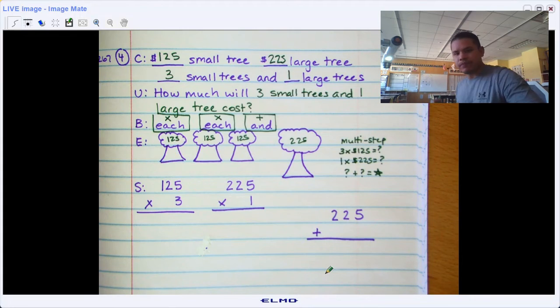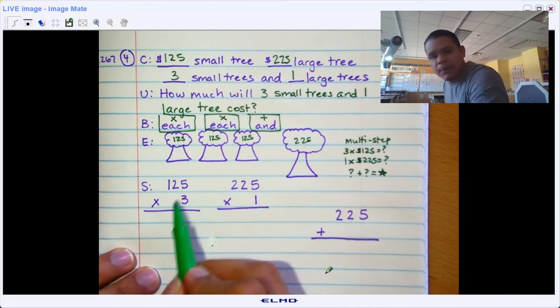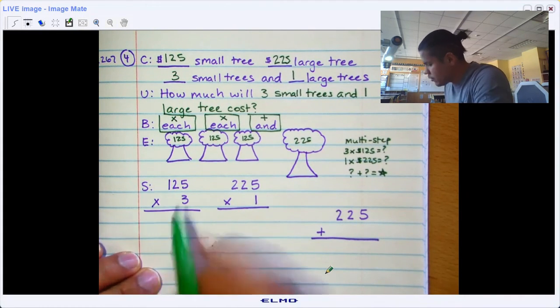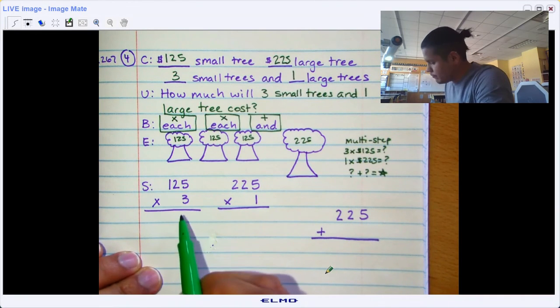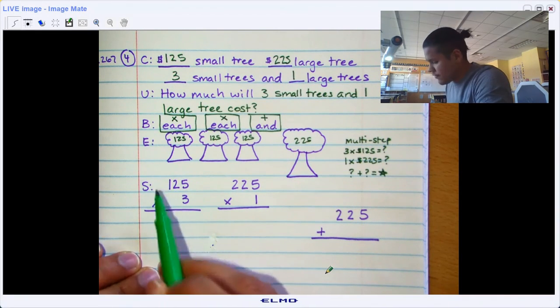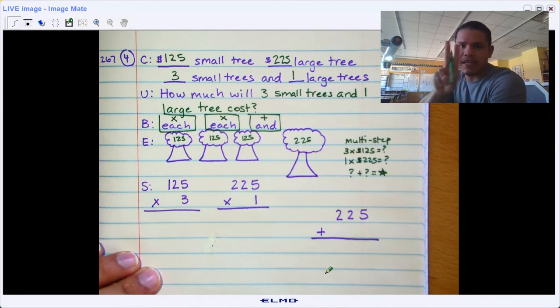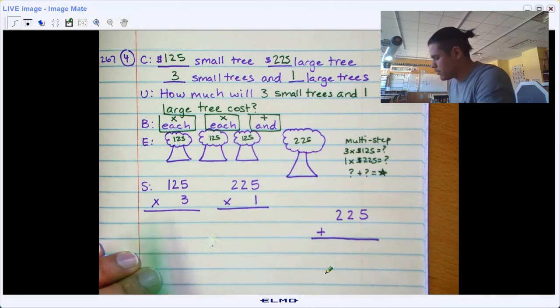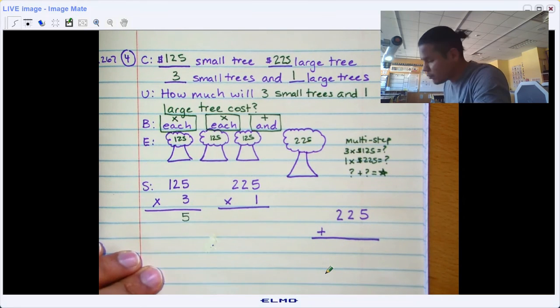Now let's solve it. I know that I need to multiply 125 3 times, so I'm going to use the algorithm to do that. 125 times 3. This is how you set up your algorithm, and you multiply times each place value, okay? We're not using turtle head method right here. We use turtle head method when we multiply 2-digit by 2-digit. So 3 times 5 is 15. I leave the ones.